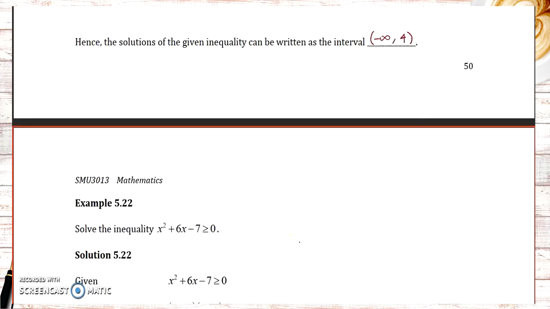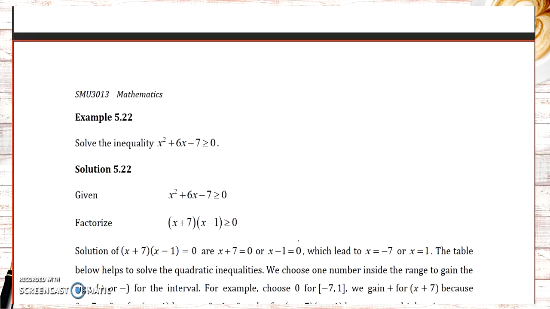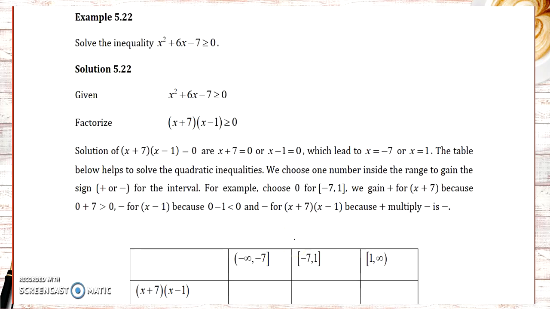Next, example 5.22. Solve the inequality x squared plus 6x minus 7 greater than or equal to 0. We have a quadratic inequality. How to solve a quadratic? Either by factorizing the left hand side, or by the completing the square method, or the quadratic formula.